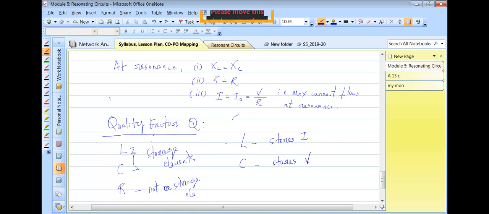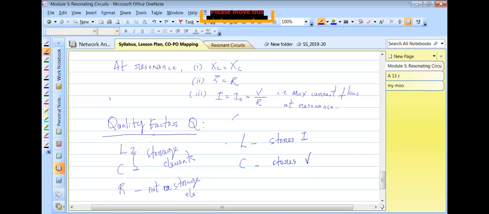When we say the quality factor is good, it's a big number, and generally a good quality factor will have a value approximately around 100. Understand, there is no unit, it's a number.